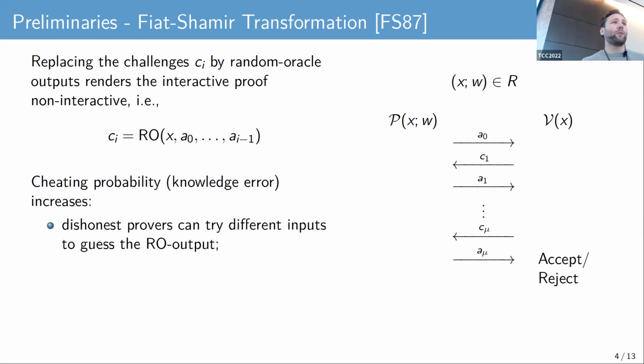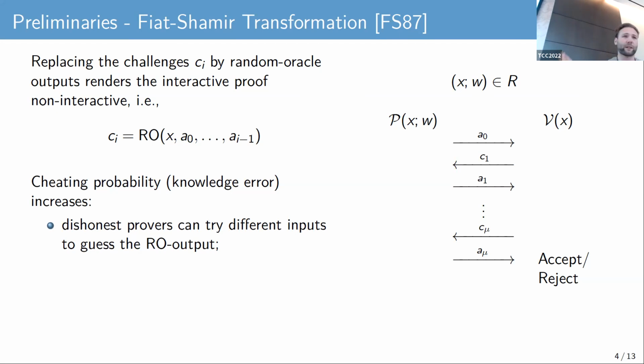So obviously, if you apply this Fiat-Shamir transformation, the cheating probability for dishonest provers increases. The reason is that the dishonest prover in this non-interactive mode can query the random oracle many times. Many of these protocols have a cheating strategy that proceeds as follows. If the prover tries to guess the challenge before receiving it from the verifier, and if it guesses this challenge correctly, then a dishonest prover can succeed in convincing the verifier, even if it doesn't know a witness.